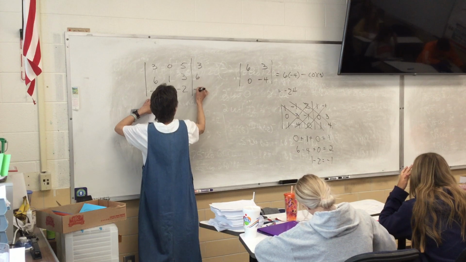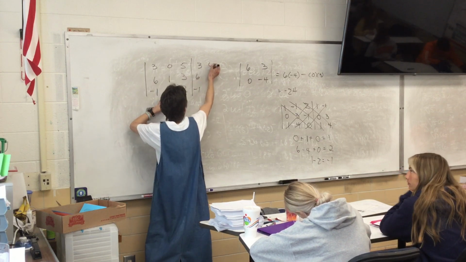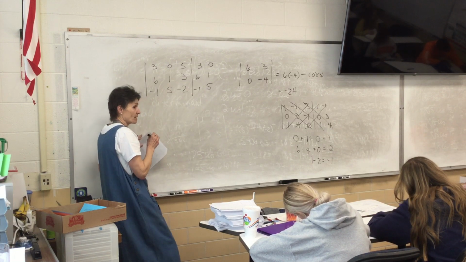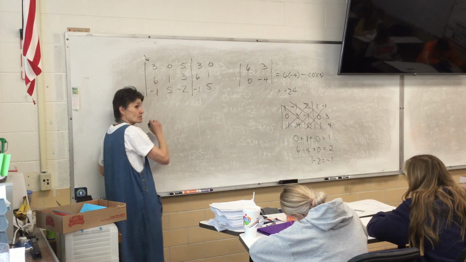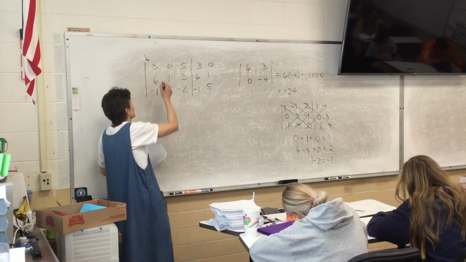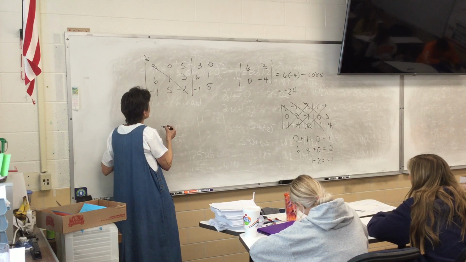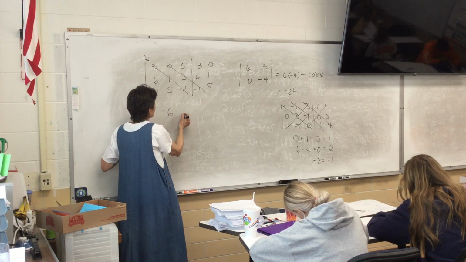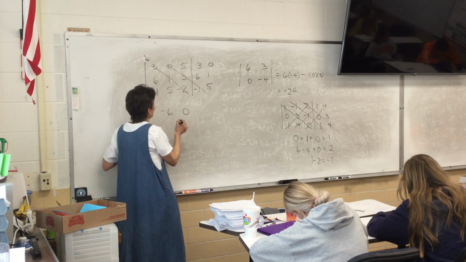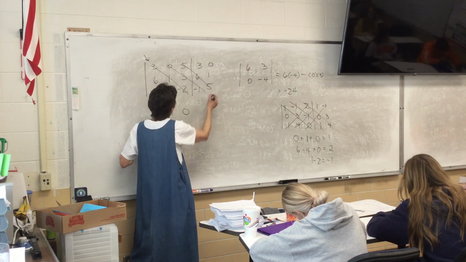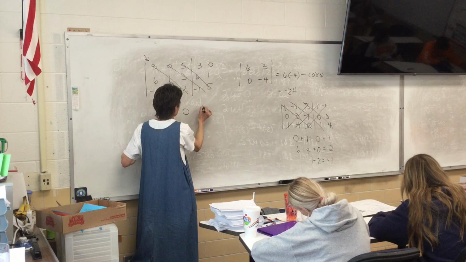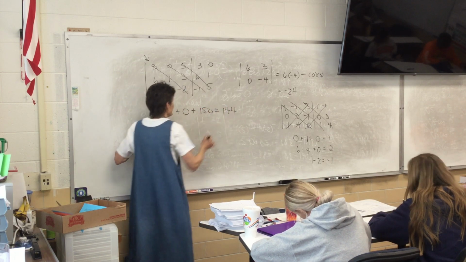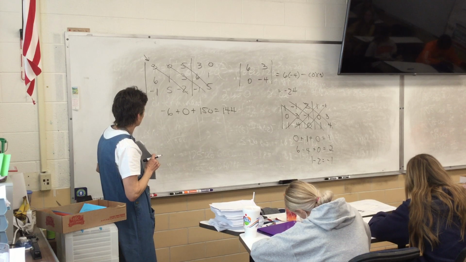So 3, 6, -1 comes first, and then 0, 1, 5, right? And then I go diagonal, always starting here. This is where we always start. So down I go, -6. Down I go, 0. Uh-oh, this is a big one. Down I go, 150. I'm going to add those up. So if my arithmetic's right, I got 144.